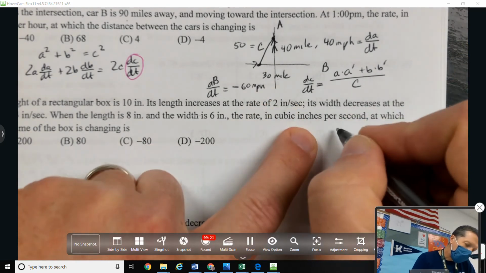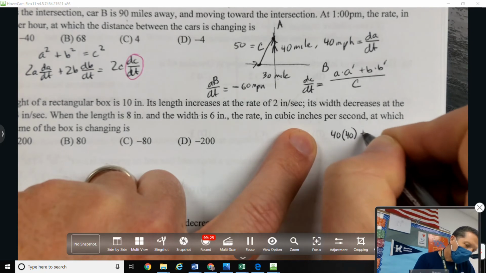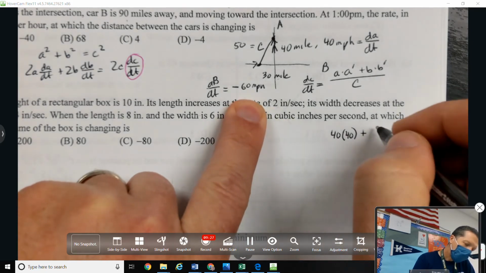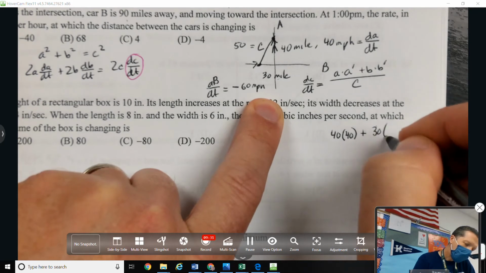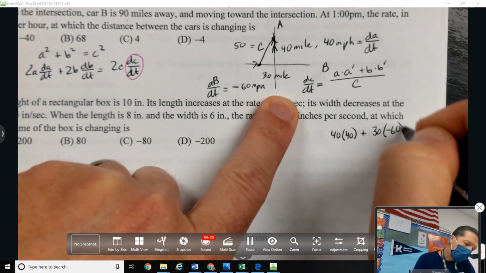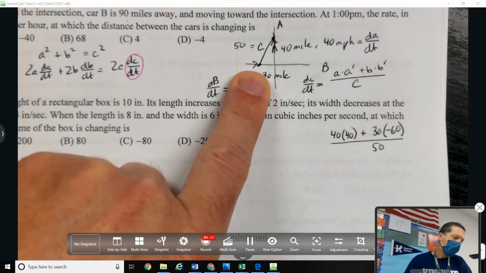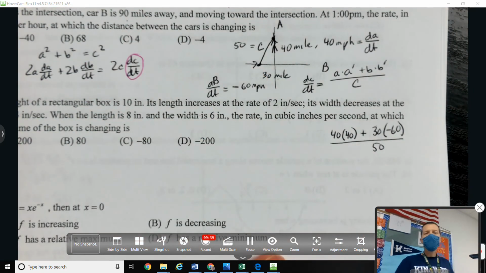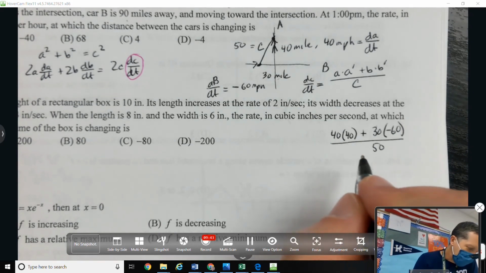So that would be 40 times 40 plus B is 30, B prime is negative 60, and C is 50. No calculator, huh?